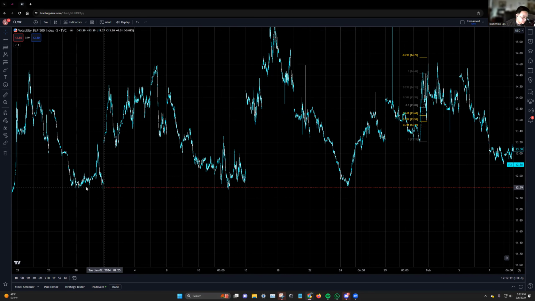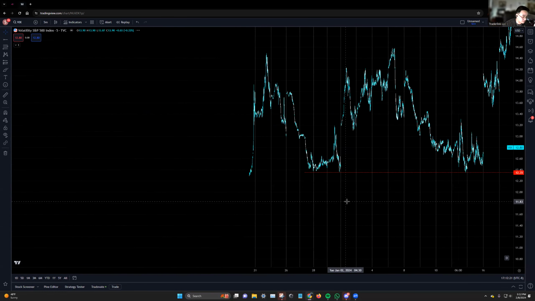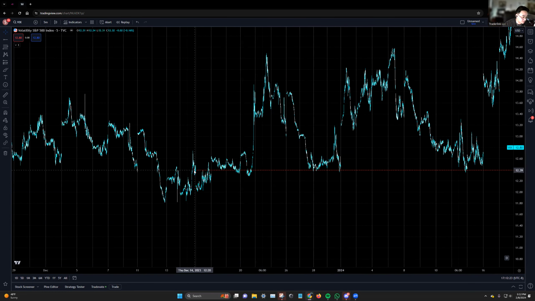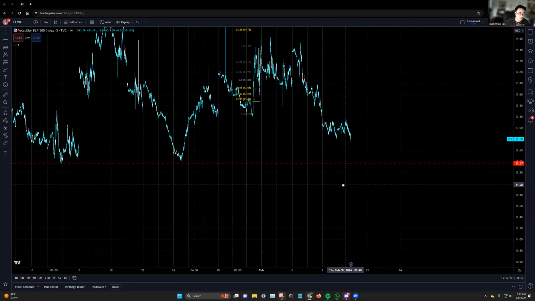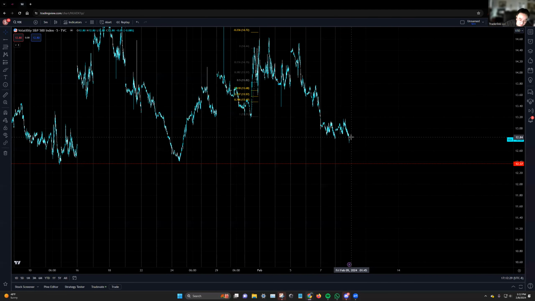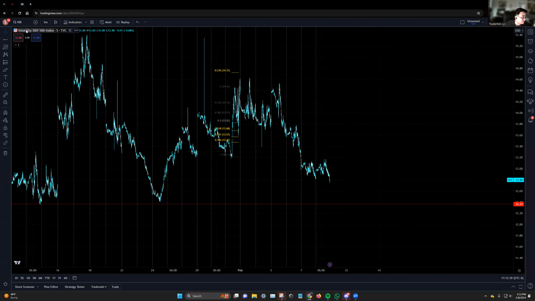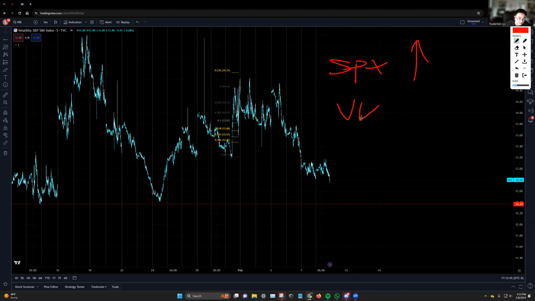It seems to hold this area from all the way back here, so you have a gauge of where VIX can potentially pop. So VIX will probably flush tomorrow, meaning SPX can push up, and then you can potentially find where SPX can dump. The basic correlation, if people don't know, is that when SPX is up, VIX goes down, and vice versa.